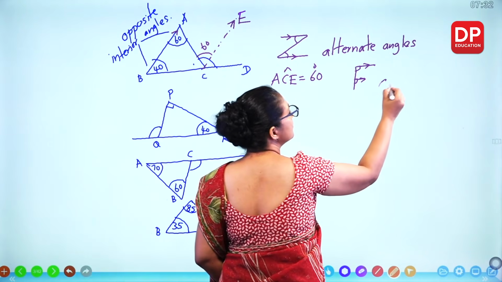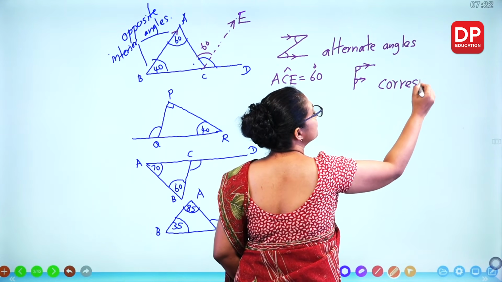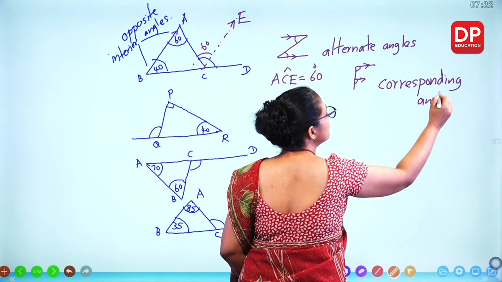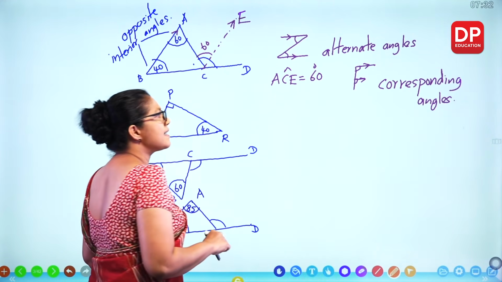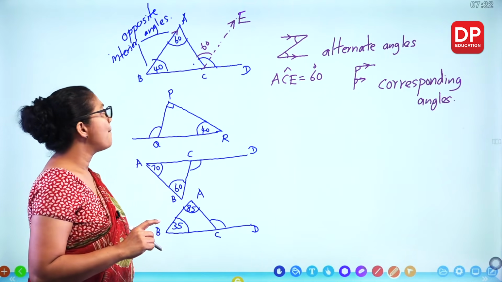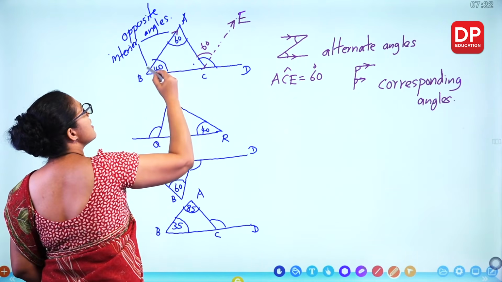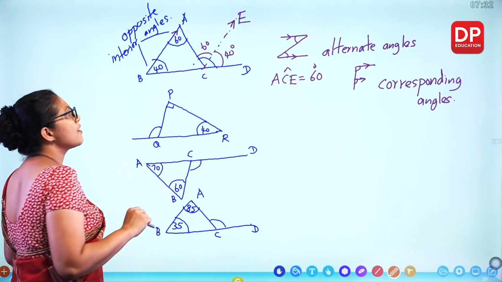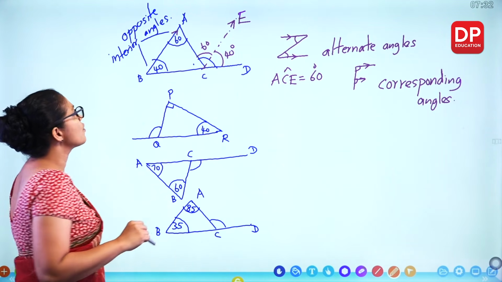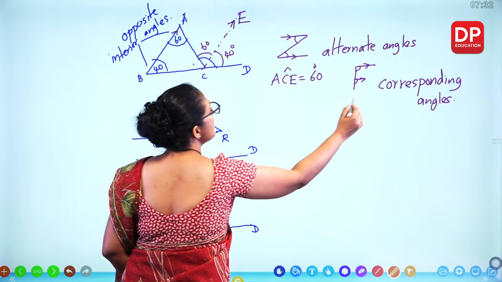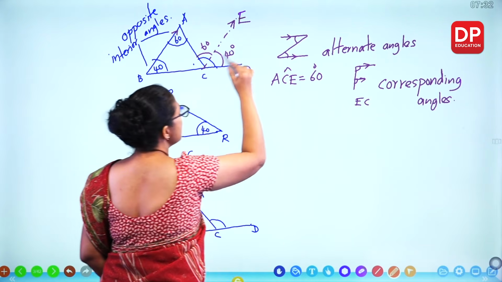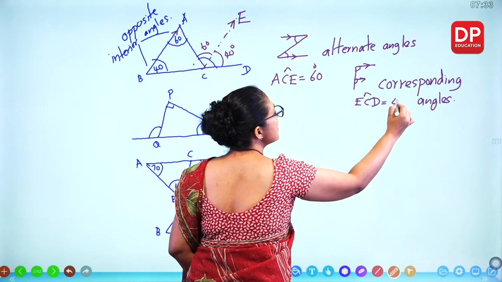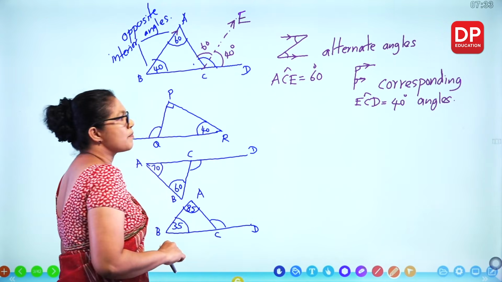Corresponding angles. So corresponding angles are equal when the two lines are parallel. So I can write this is 40 because of corresponding angles. So here angle ECD is equal to 40 degrees because of corresponding angles.